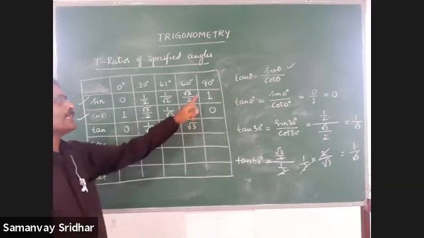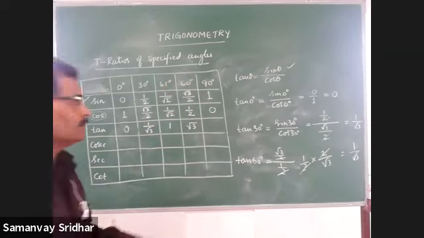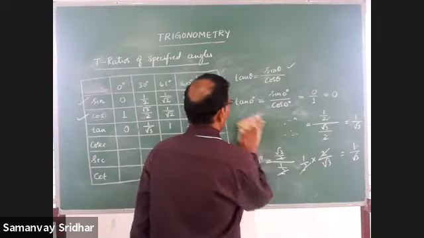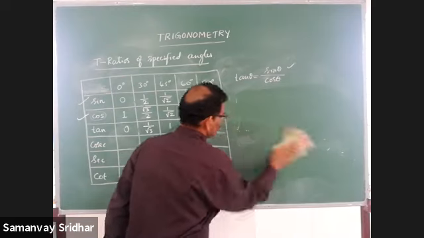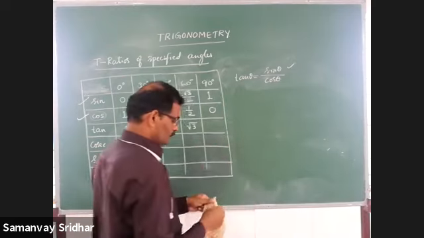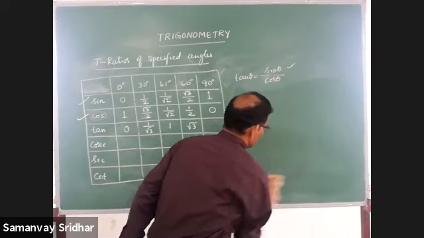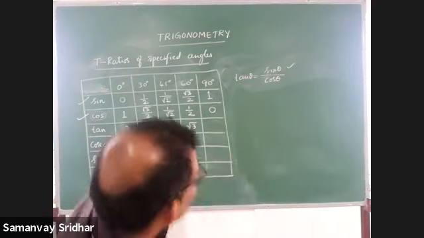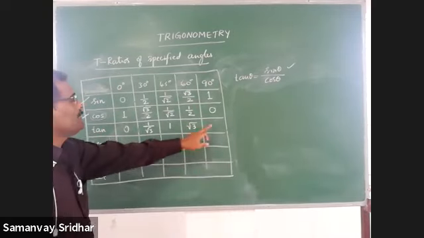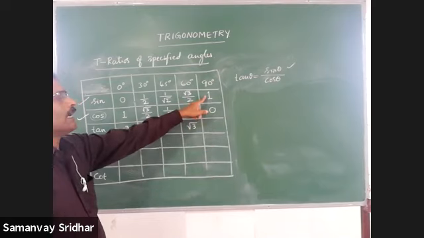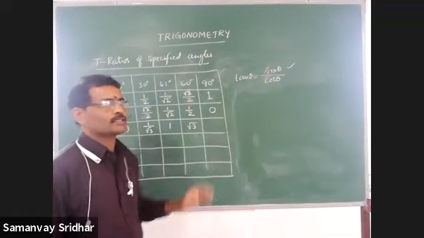Then we have to go for tan 90. What is tan 90? Tan 90 is equal to sin 90 by cos 90, because tan theta is equal to sin theta by cos theta.